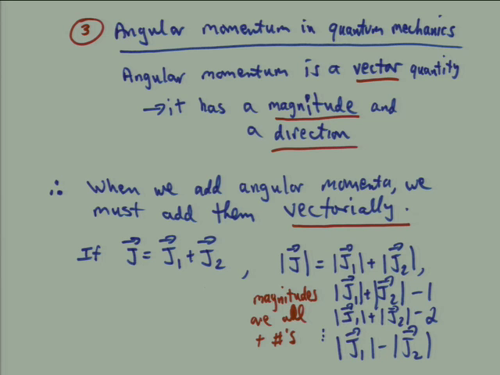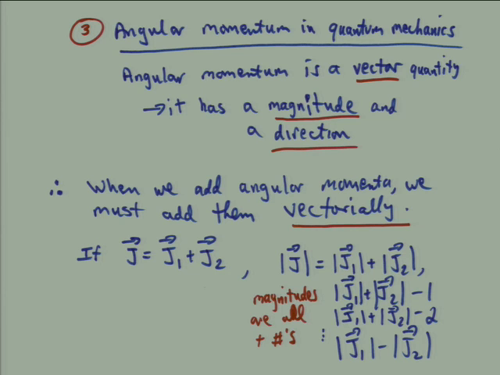So the fact that it's a vector means it has a magnitude and a direction. And so if I have two different angular momenta, and it doesn't matter what caused them, if they are angular momenta, then they are vectors. And if I want to compute the resulting angular momentum from summing the two, the easiest way to do it is to take the magnitudes of those two numbers and add them algebraically.